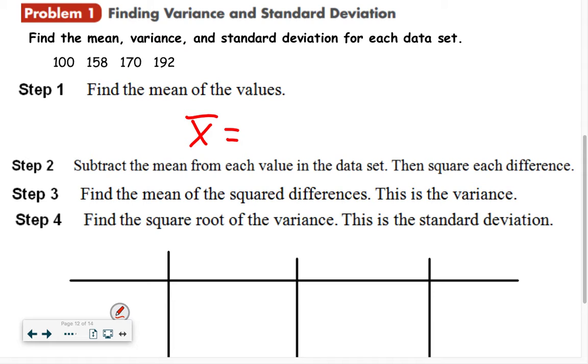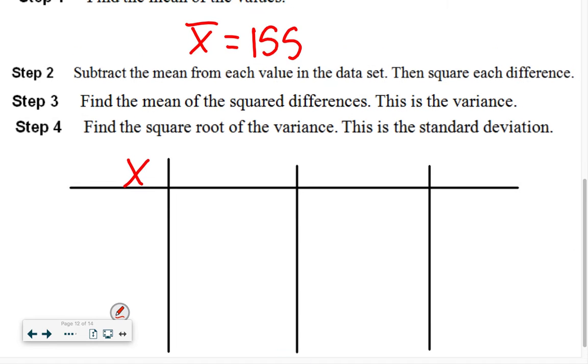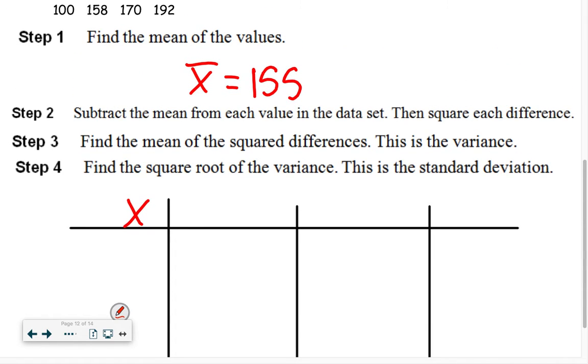This chart on the bottom of your page, I would write that every time. What happens is we're going to make columns, and columns make everything easier. In our first column, we're going to label it X. Those are just the data values that I have.